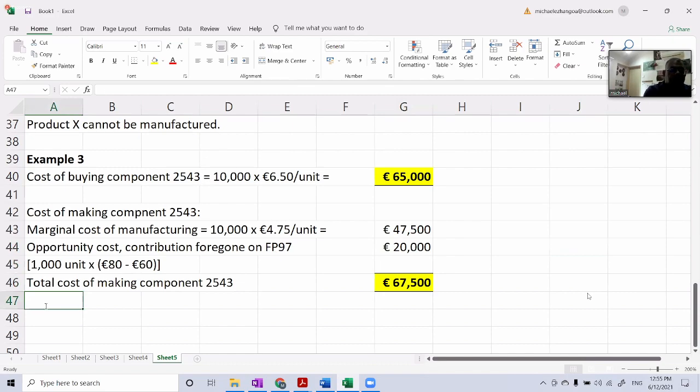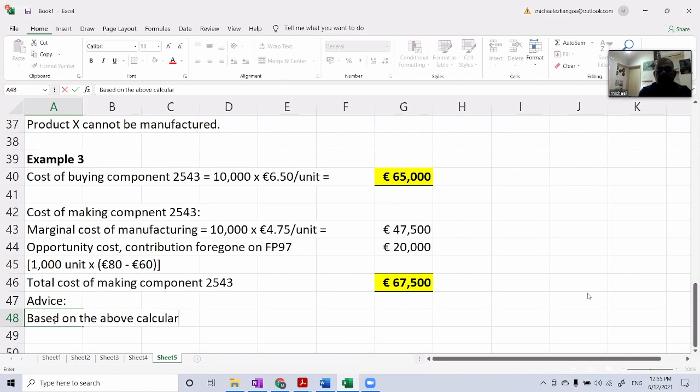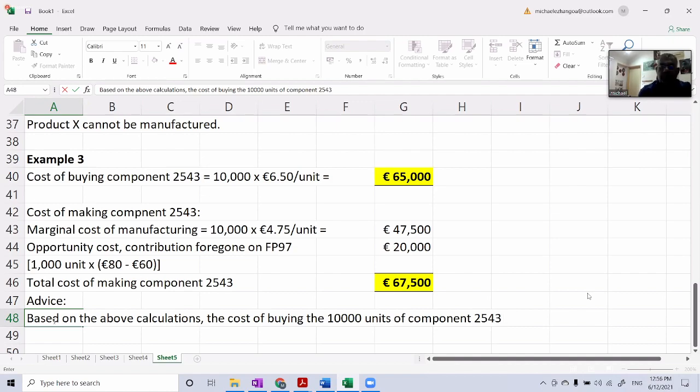So advice, based on the above calculations, the cost of buying the 10,000 units of component 2543 is cheaper than making it.